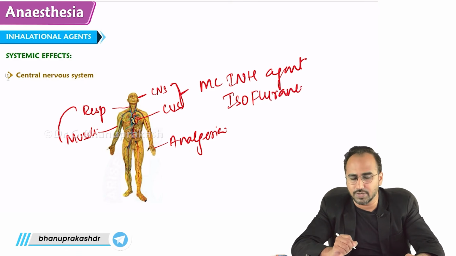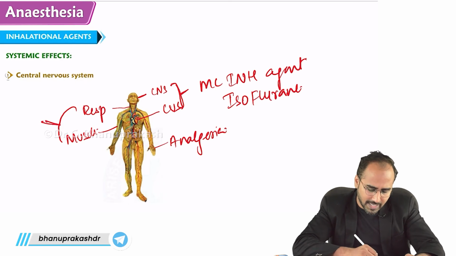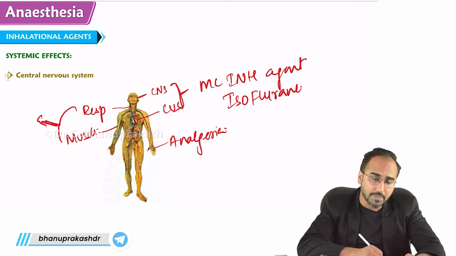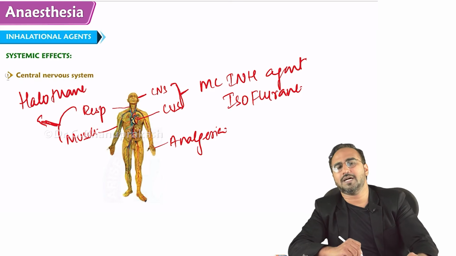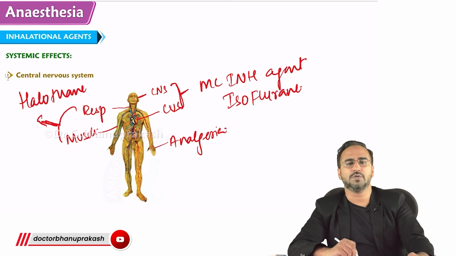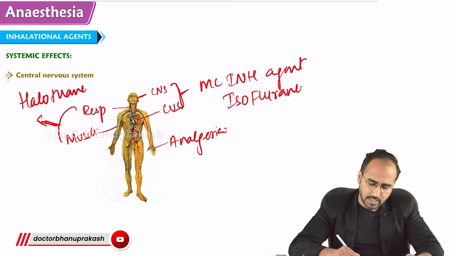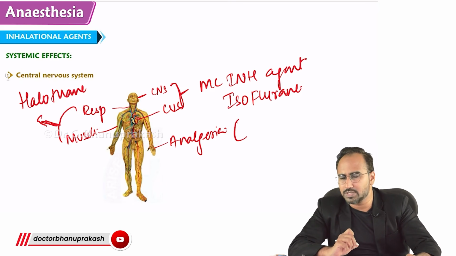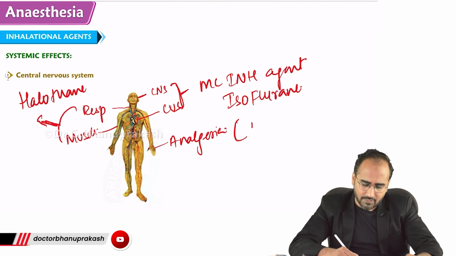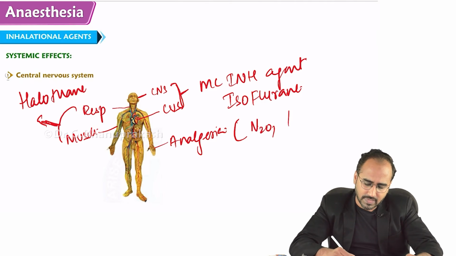Whereas for the respiratory system and muscle, the most common inhalational agent used is halothane. In analgesia, we need to remember two inhalational agents can be used as good analgesics. One is nitrous, the other is trilene.